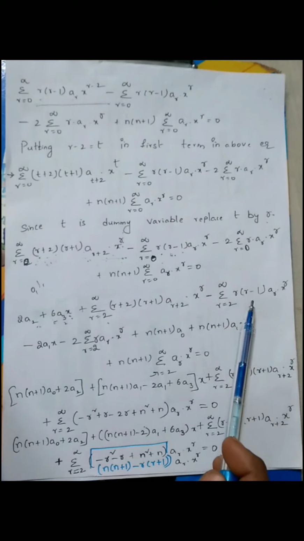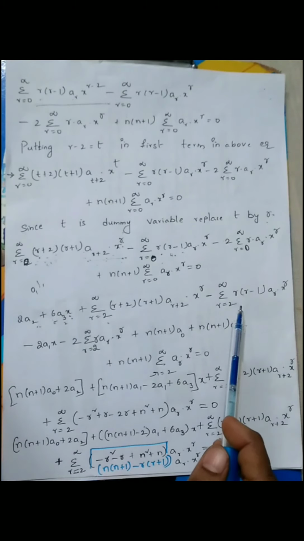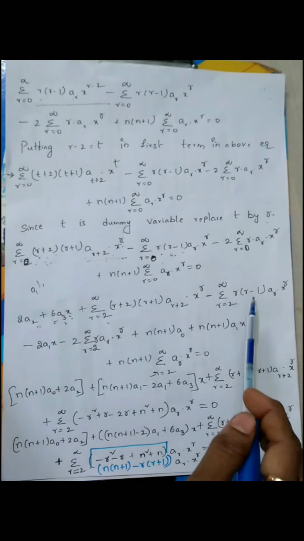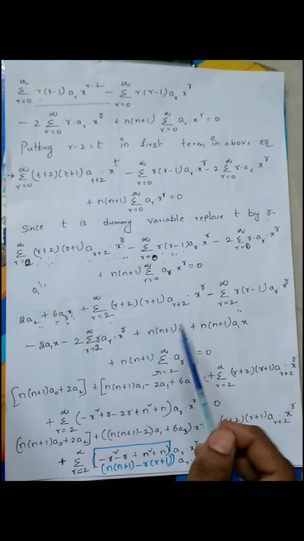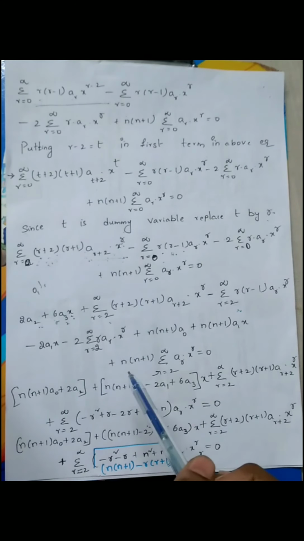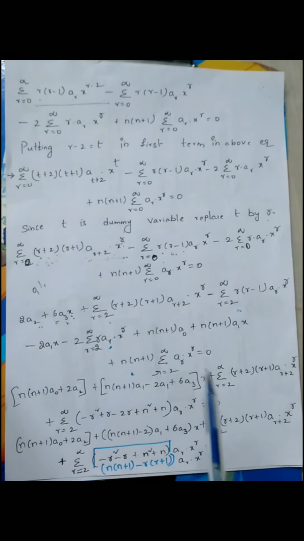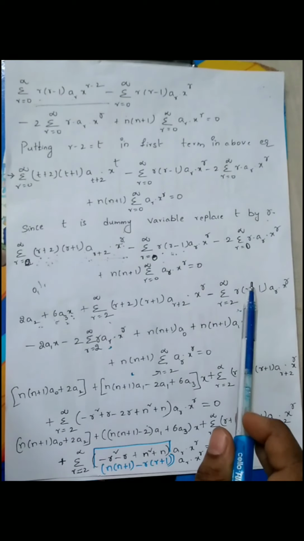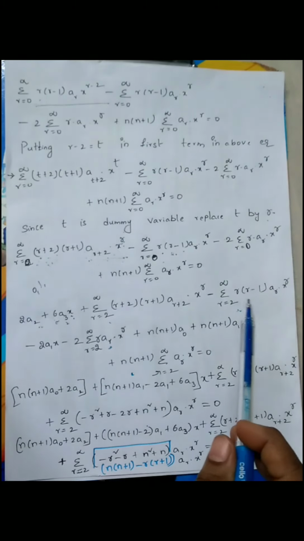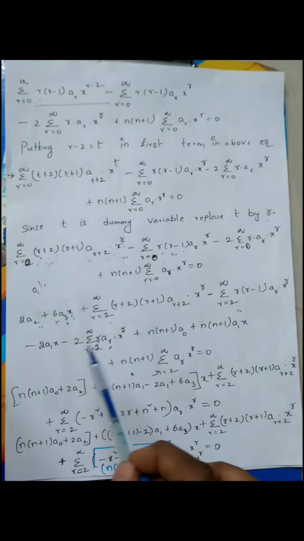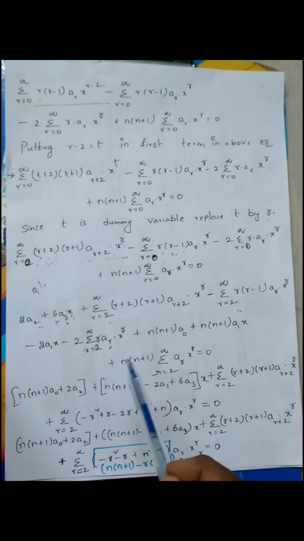So this term, and this term, and this term are the final terms. We take it as common. See, r square minus r square plus r, and next minus 2r, and next n square plus n.